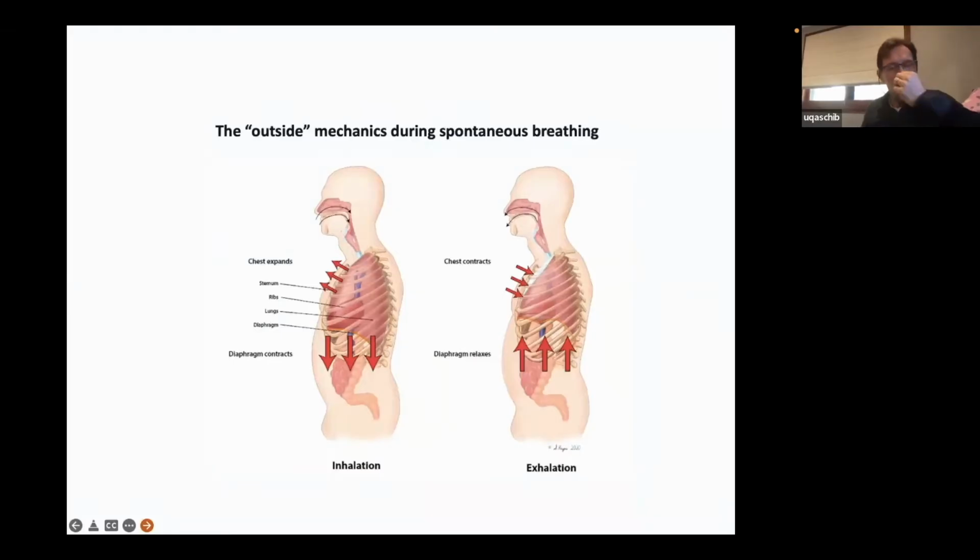Now, to understand ventilation distribution, we need to look into the mechanics and the gravity. So we've got these two components, anatomy versus gravity, because we know that gravity impacts to some extent on ventilation distribution.